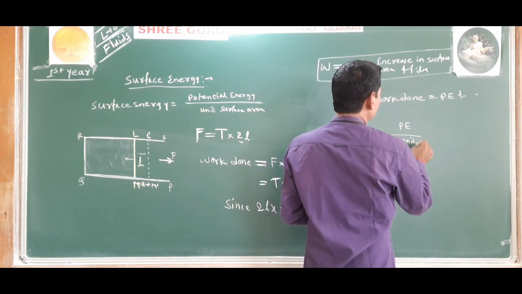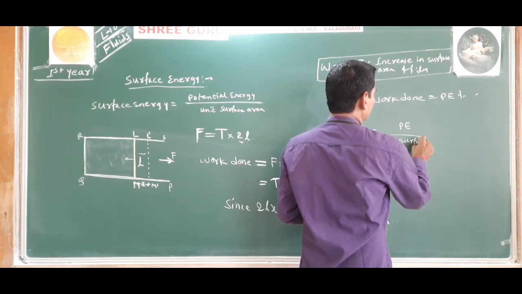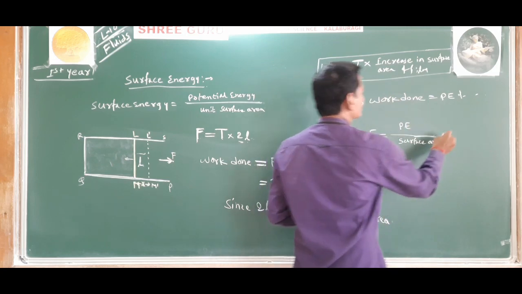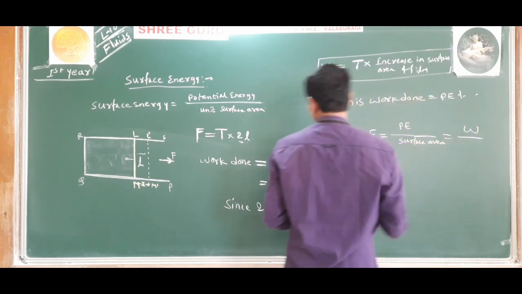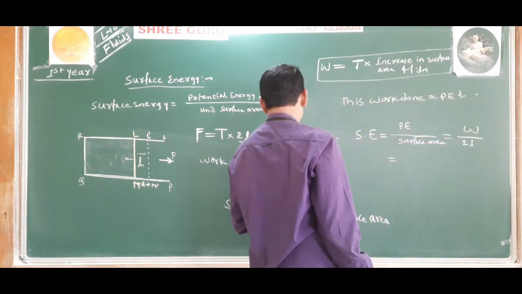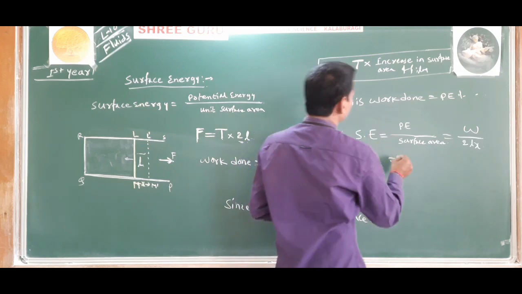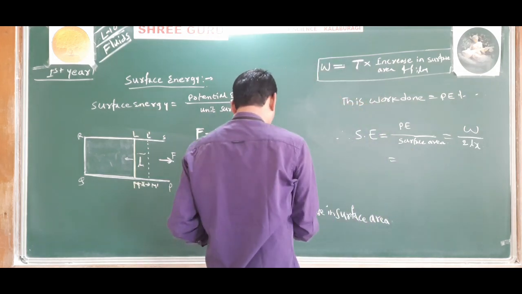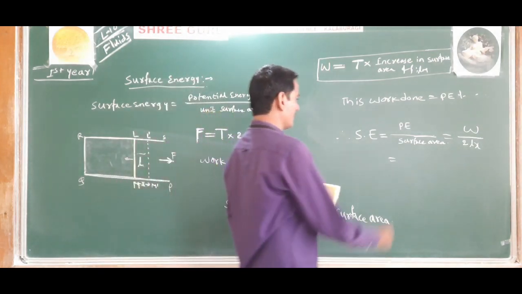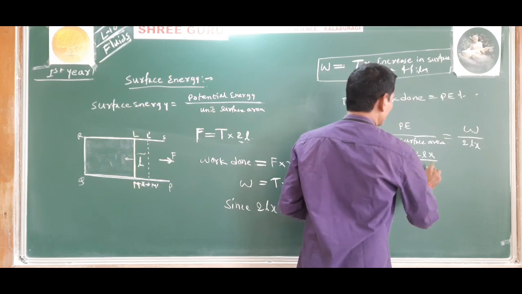So potential energy is the work done, W, which is T into 2Lx, divided by the surface area, which is 2Lx.